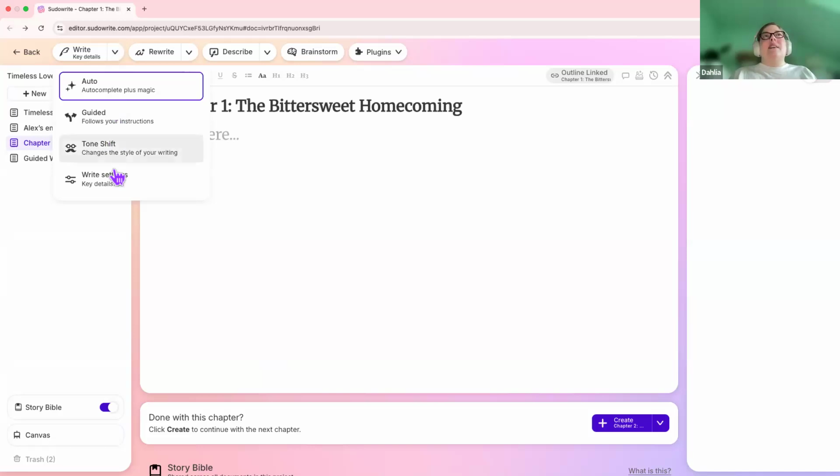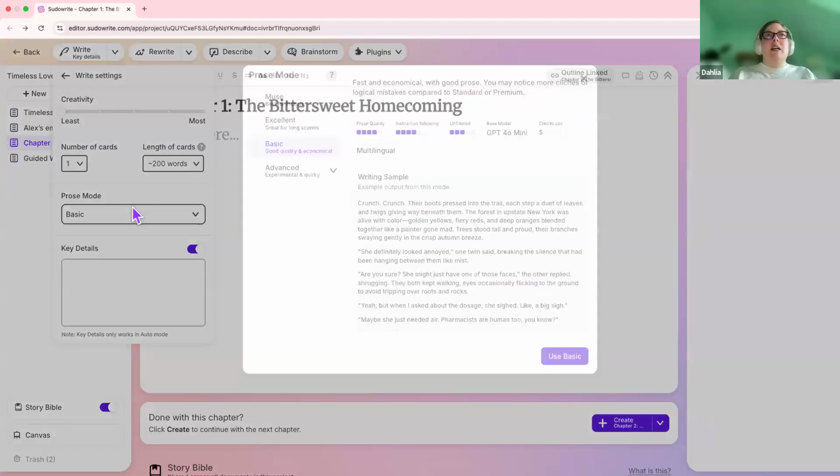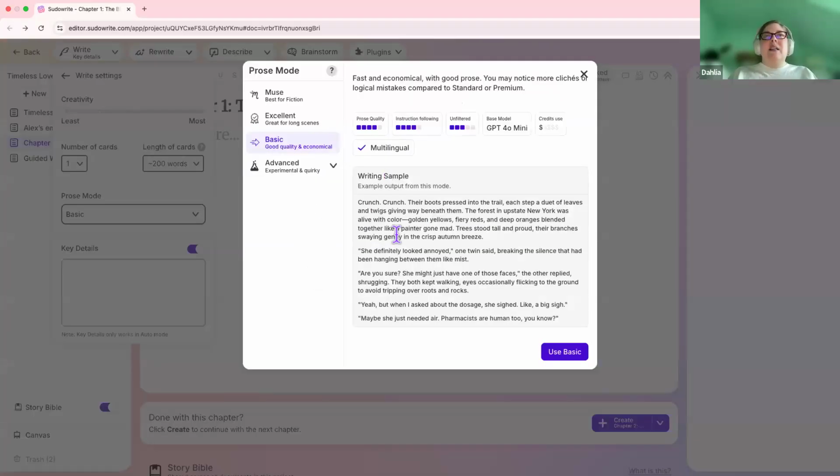And in regards to the write button, that is highly influenced by the prose mode that you use, which is the next thing we'll be looking at. Since you can see here a rough estimate of how expensive this model is compared to other models.